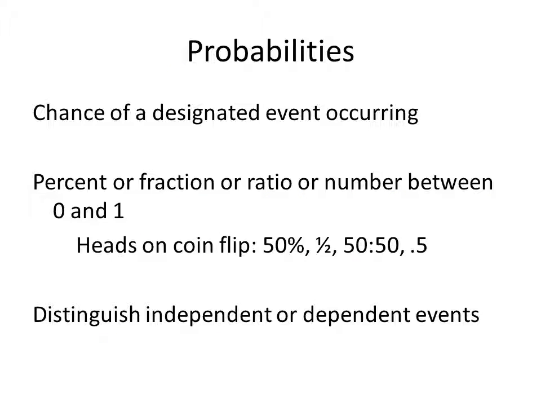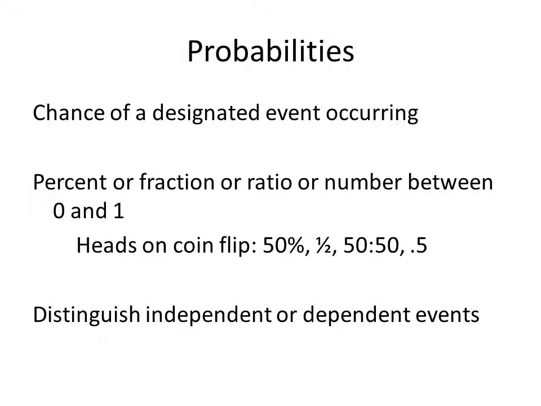Probabilities will show up on the math test and the science test. So the probability of something is just a chance of that designated event occurring. So it's always a number between 0 and 1. You can describe it in terms of a percent, a fraction, a ratio, or a decimal number between 0 and 1.